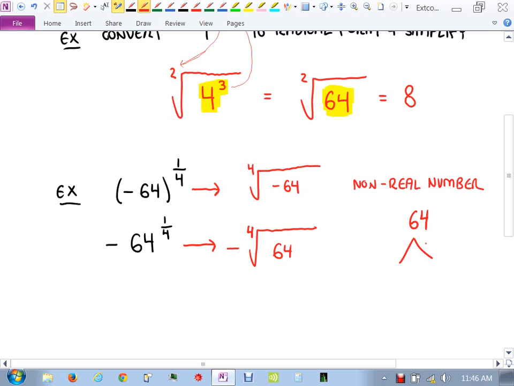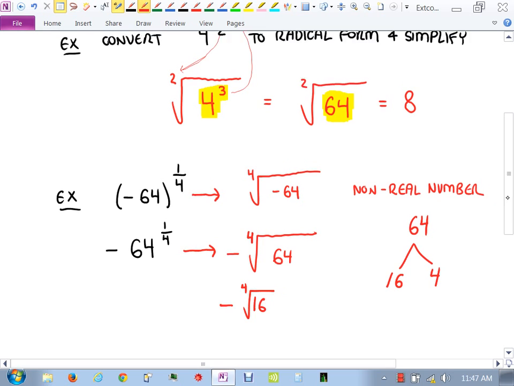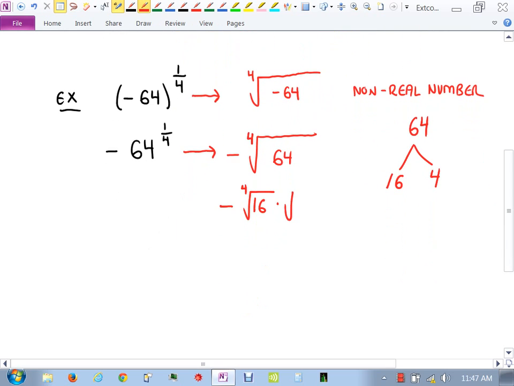What's 2 to the fourth? 32? No, that was 2 to the fifth. 2 to the fourth is 16. Does 16 go into 64? 4 times? So you could break this down to be the fourth root of 16 times the fourth root of 4.